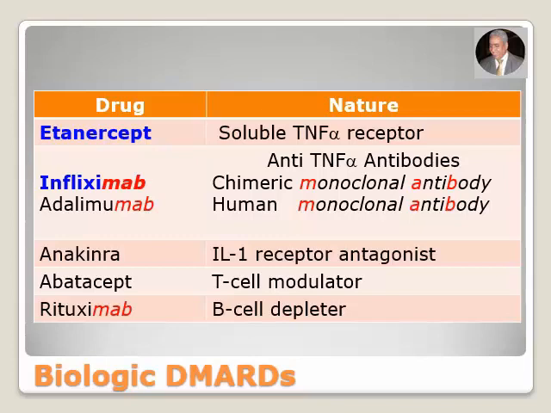And the monoclonal antibodies, infliximab and adalimumab, which bind to and inactivate the tumor necrosis factor alpha. Then, we will discuss briefly the role of anakinra, which competes with interleukin-1 for its receptor, abatacept, which prevents the activation of T lymphocytes, and rituximab, which destroys the B lymphocytes.